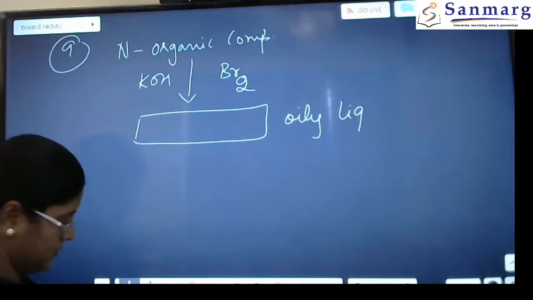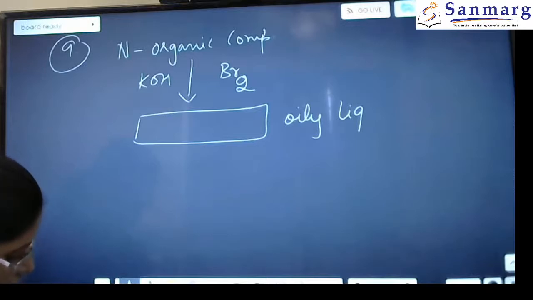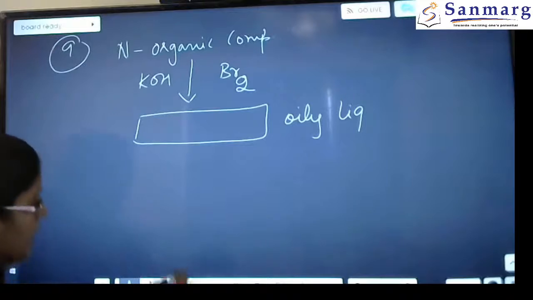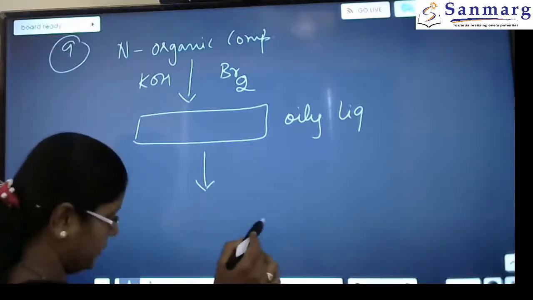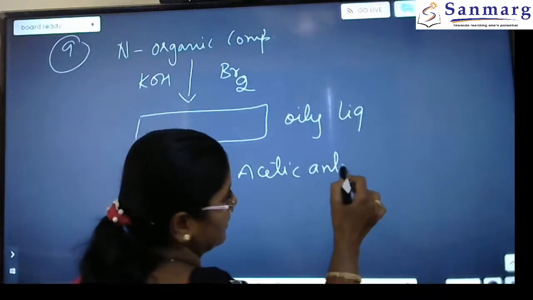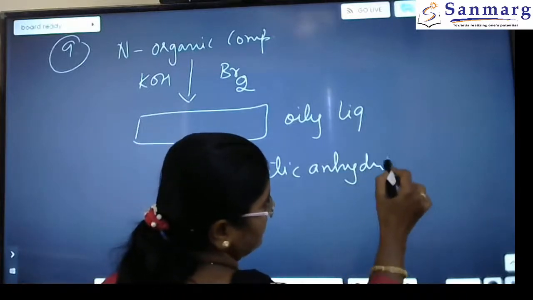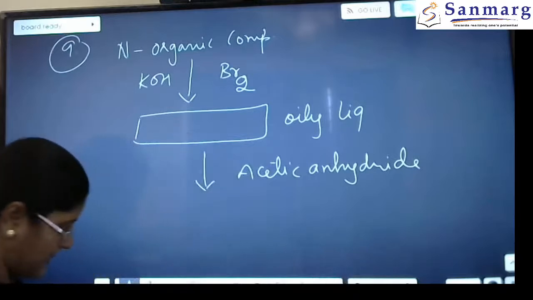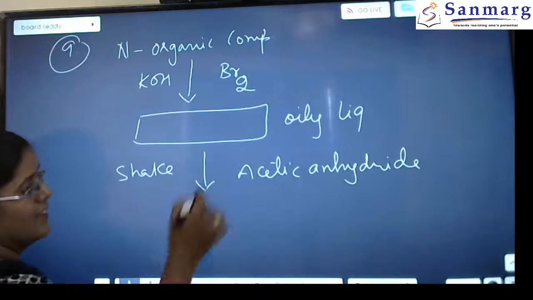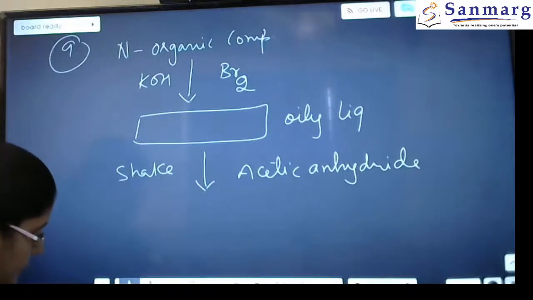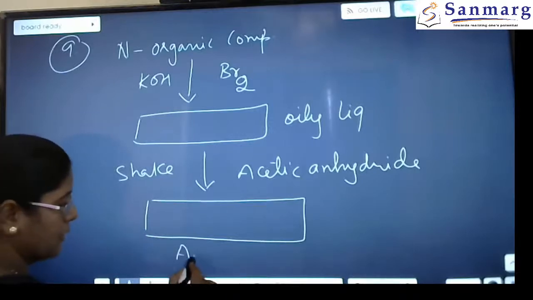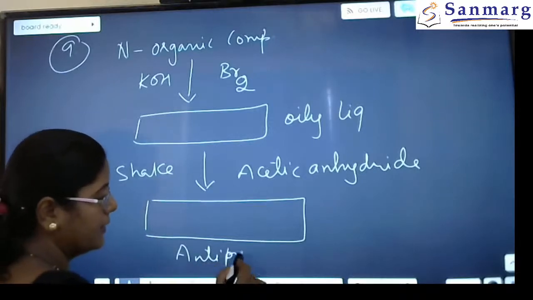On shaking this product with acetic anhydride, you heat it with acetic anhydride. Just shake it with acetic anhydride and you get a final product. This product is actually an antipyretic drug.